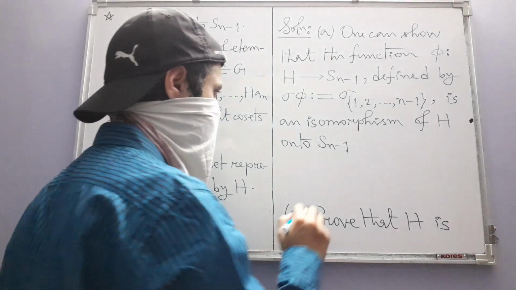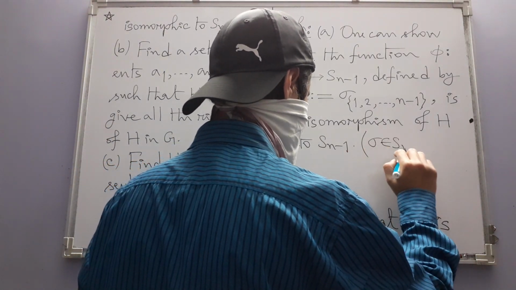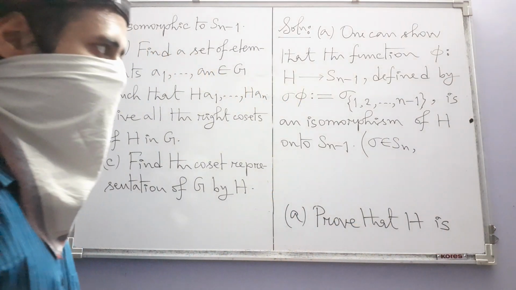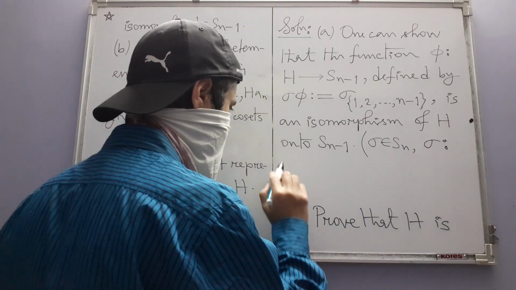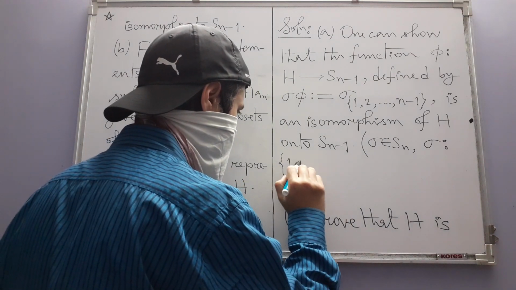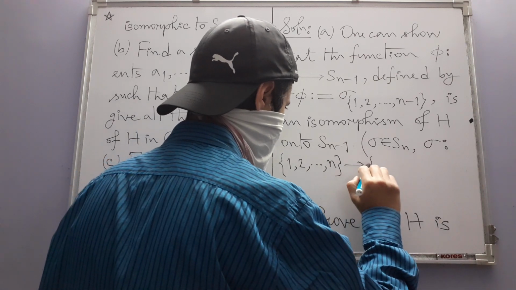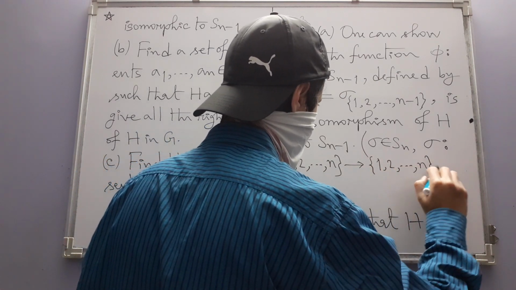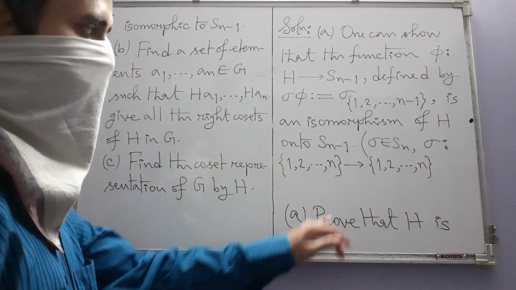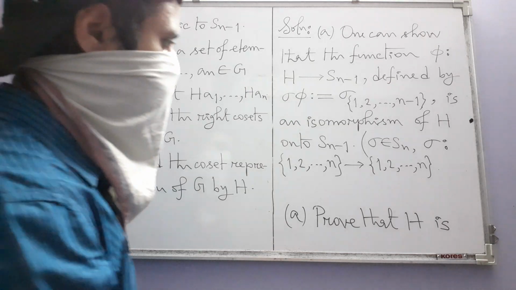That means sigma is coming from Sn. So sigma maps this set into itself. And in fact, sigma is not any such function but a bijection of that kind.